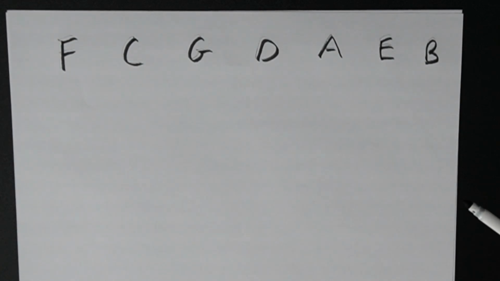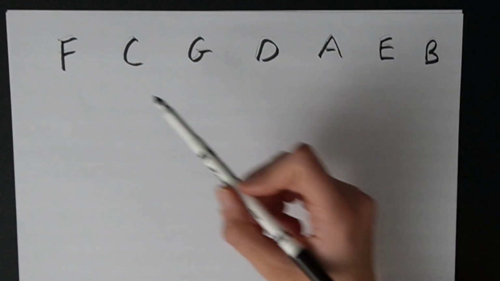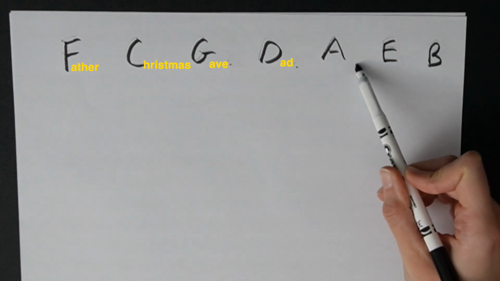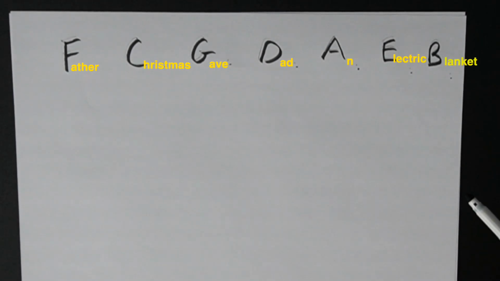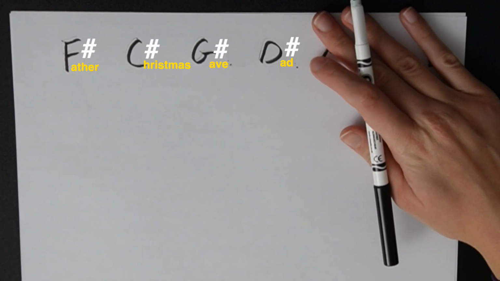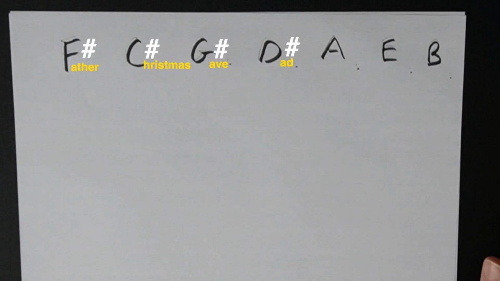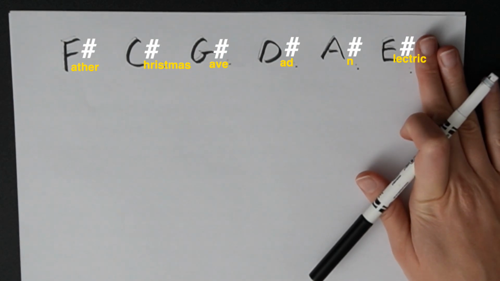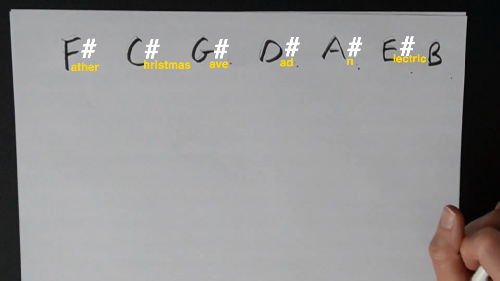Well, there's a little sentence to remember that, and that goes, Father Christmas gave Dad an electric blanket. So if we have only 4 sharps, we know it would be Father Christmas gave Dad. So F, C, G, D. If we had 6 sharps, it would be F, C, G, D, A, E. Father Christmas gave Dad an electric, and so on.